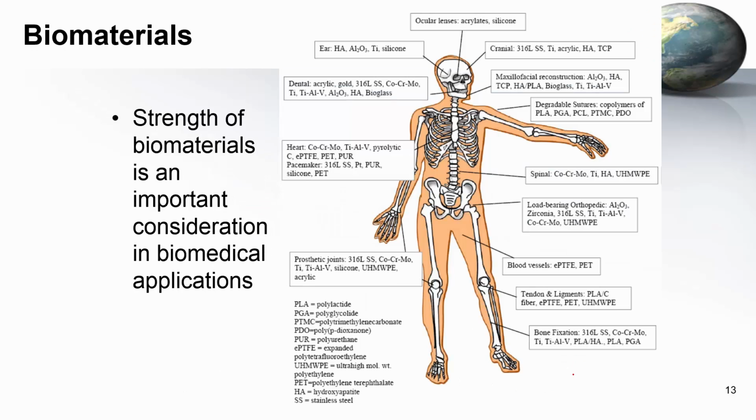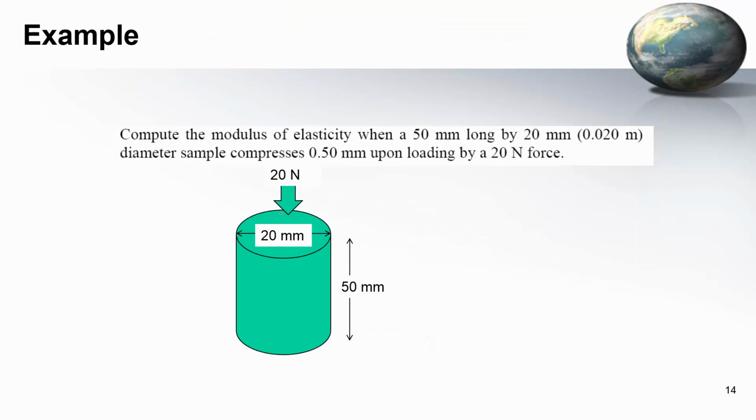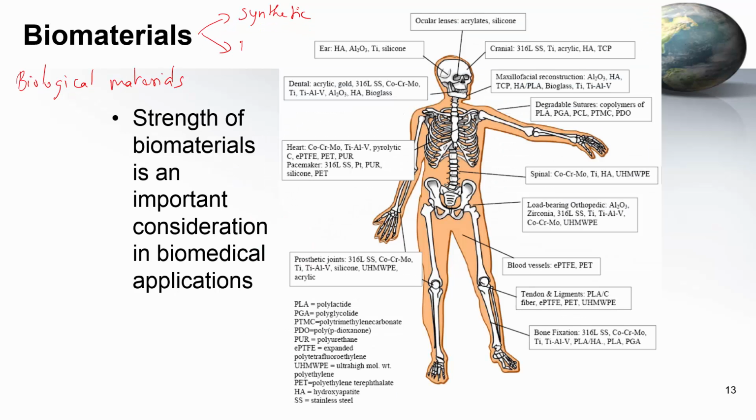Here again, I want to distinguish biomaterials and biological material. This course focuses on biological materials. A biomaterial is something that is placed in a biological system, say a human body. It could be either a synthetic material like steel or titanium, or it could be a biological material.